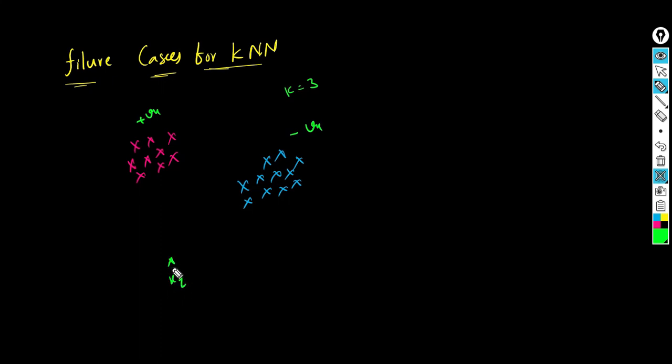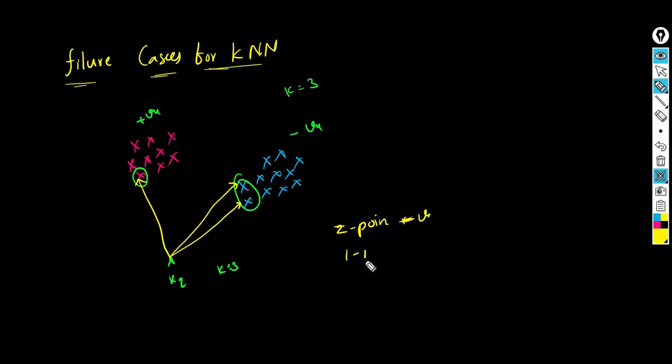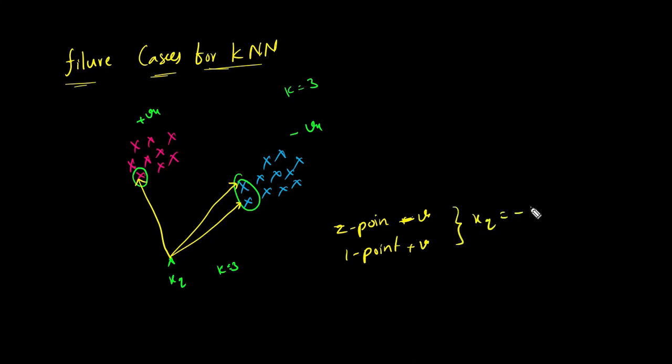Actually, this point is very far from both classes. But by finding the distance from all the points to the query point, we get the 3 nearest points: this 1 point, and these 2 other points. Because 2 points are negative and 1 point is positive, we classify xq as a negative class.